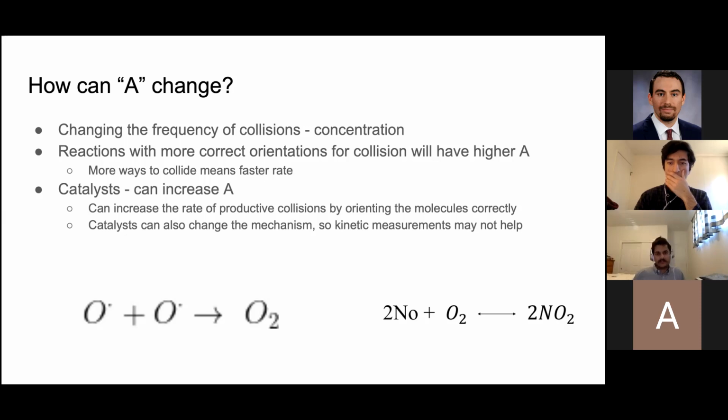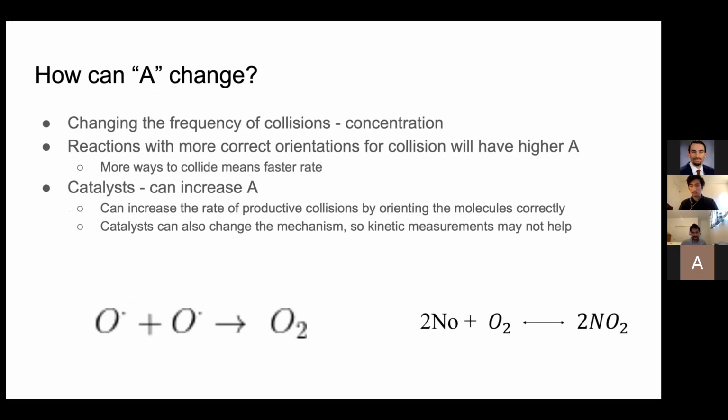Of course, we already talked about the frequency of collisions, right? That can be related to concentration and also temperature, which I forgot to put on there. Increasing the number of collisions will increase the reaction rate, and therefore increase our value of the pre-exponential constant.